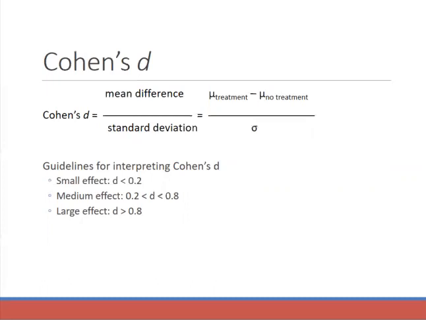General interpretations: a small effect size would be around 0.2. A medium effect size would be around 0.5. Essentially, this means the difference between the treatment and no treatment group is about half a standard deviation. A large effect size would be a d of bigger than 0.8. Again, this is 0.8 of a standard deviation.